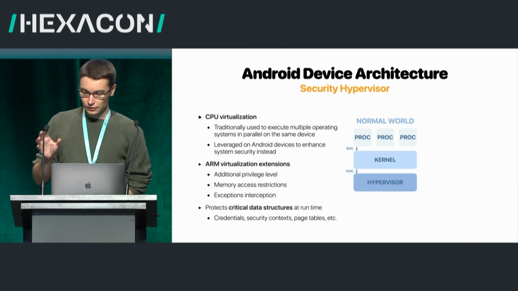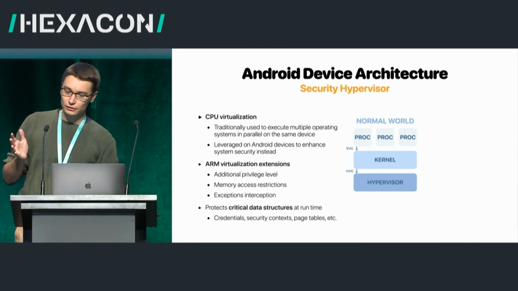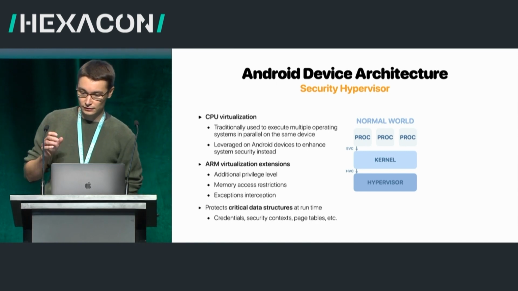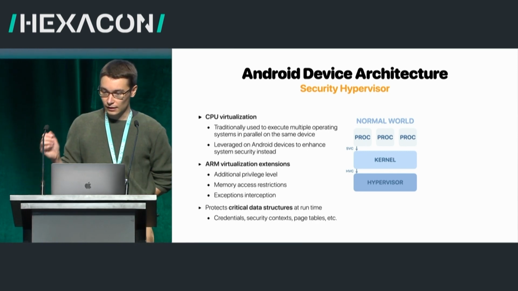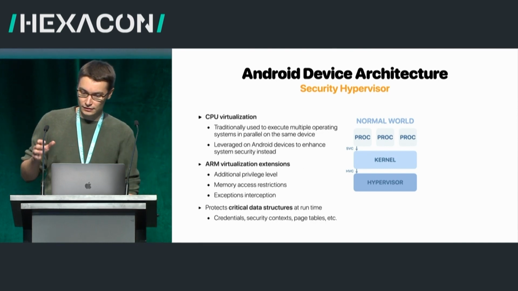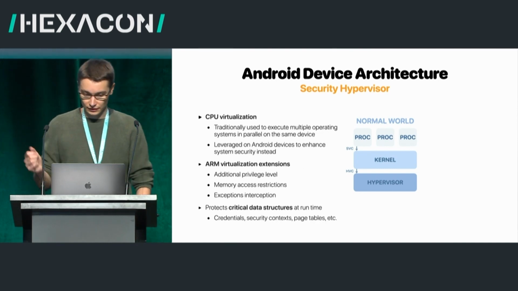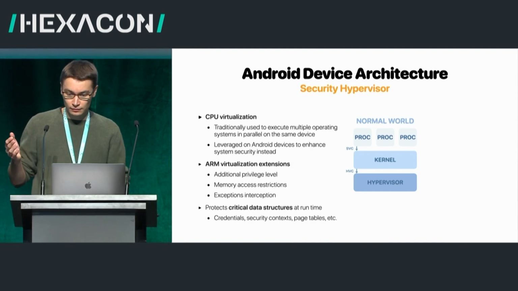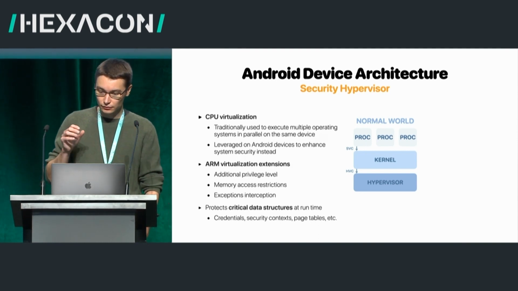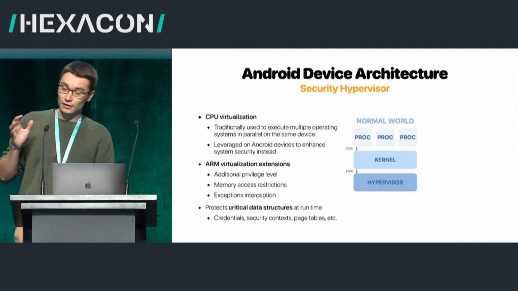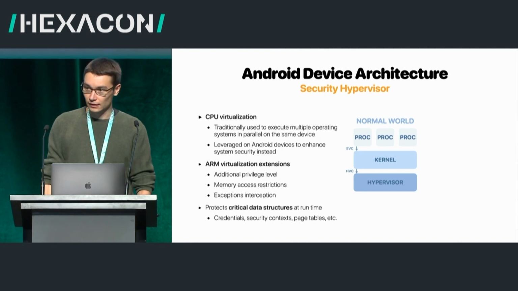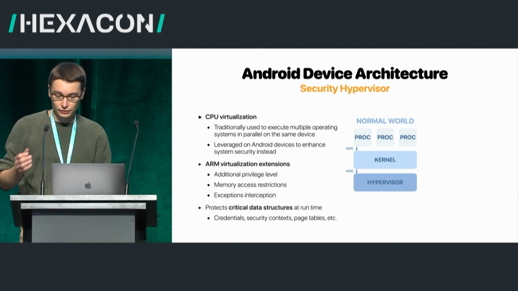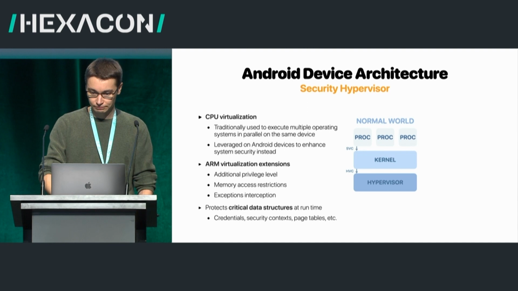And these extensions define a new privilege level, which is called EL2. They also extend the address translation process. And finally, they allow to intercept various kinds of exceptions. The common purpose of these security hypervisors is to protect at runtime the critical data structures that might be targeted in a kernel exploit. So that would be the kernel page tables, the task credentials, or even the security context.